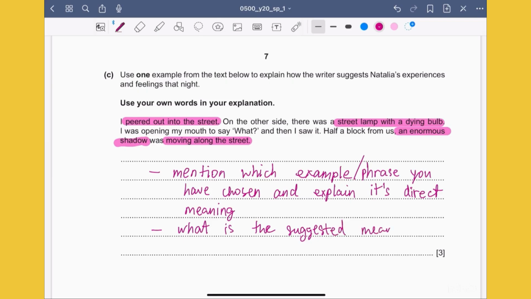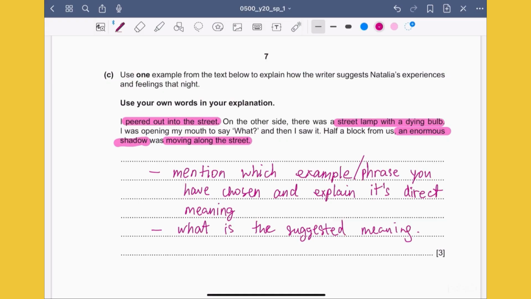Suggested meaning. Or sometimes it could be the writer is using a figurative language, so you could mention that the writer in this example used, let's say, a simile or a metaphor to explain the shape of the animal or object, for example, and so on.